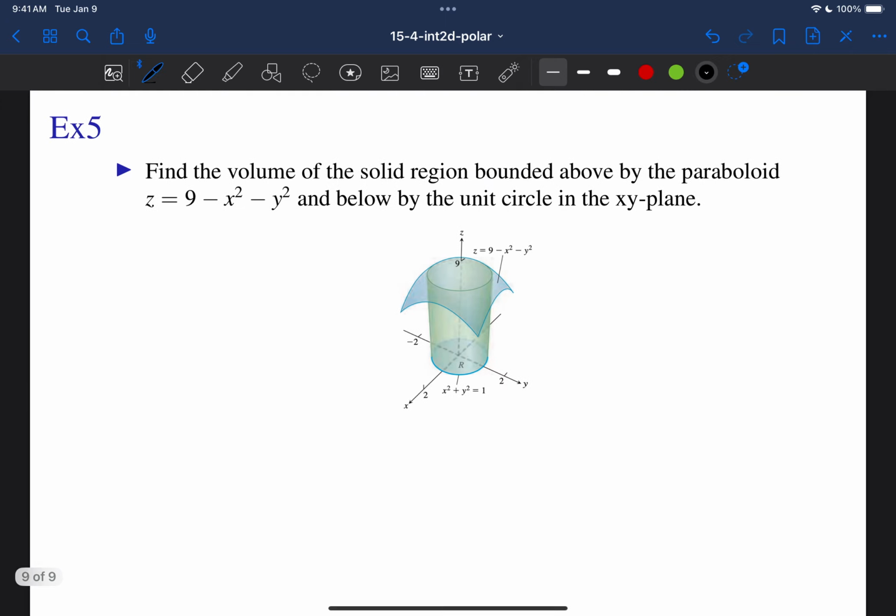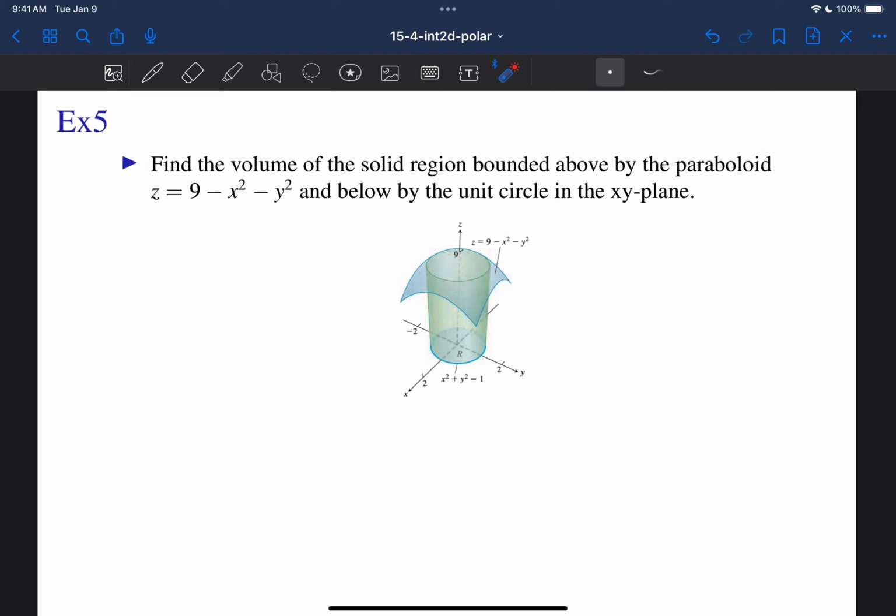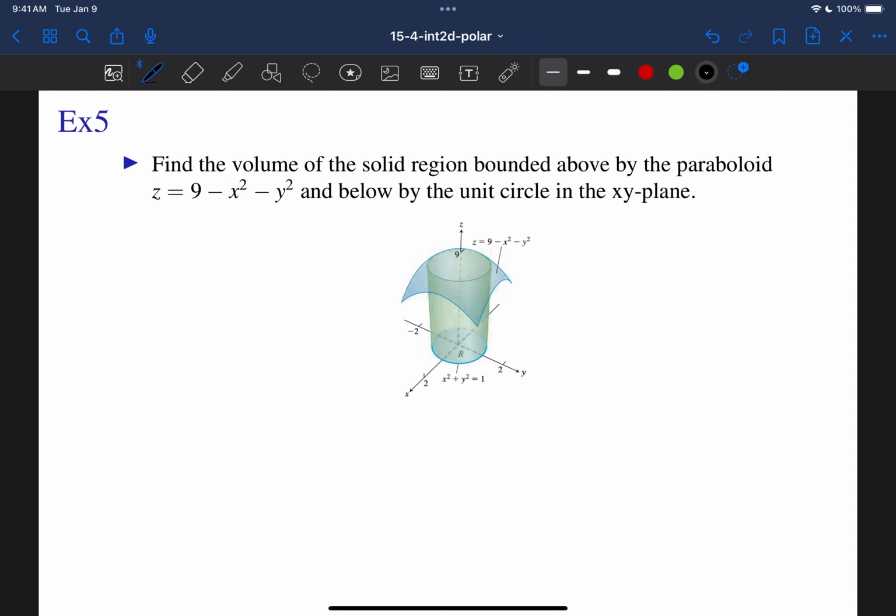One more example. Find the volume of the solid bounded above by the paraboloid z equals 9 minus x squared minus y squared, and below by the unit circle in the xy plane. For the volume, if you have a top surface like this, then it's just the integral of that.